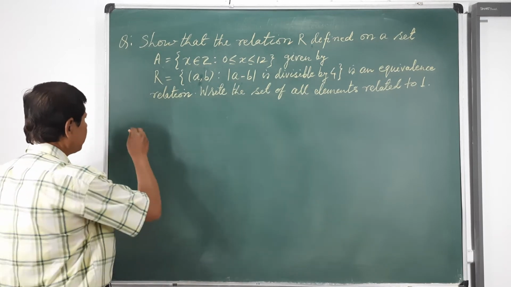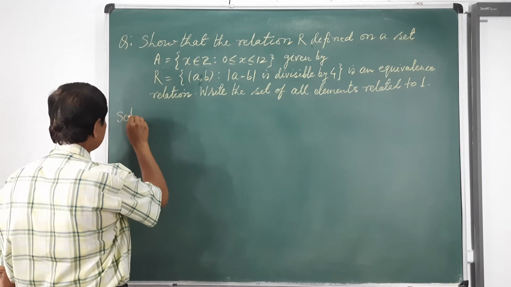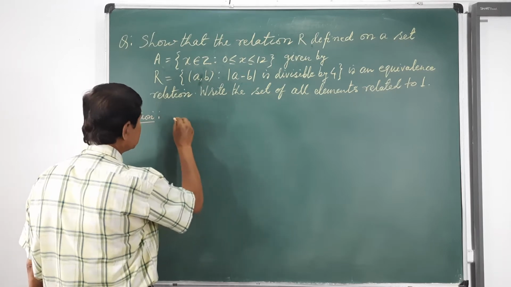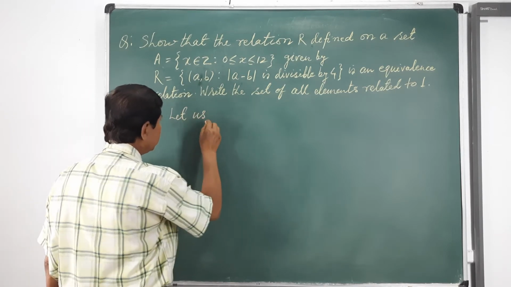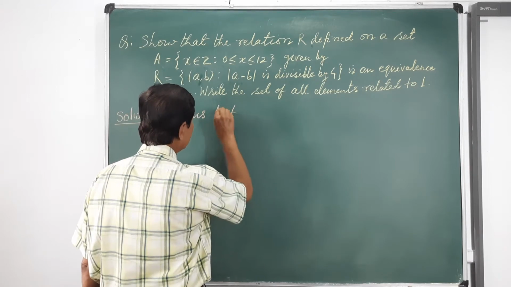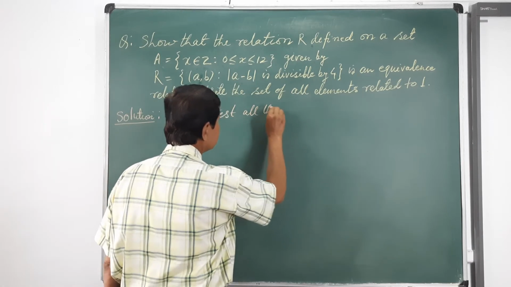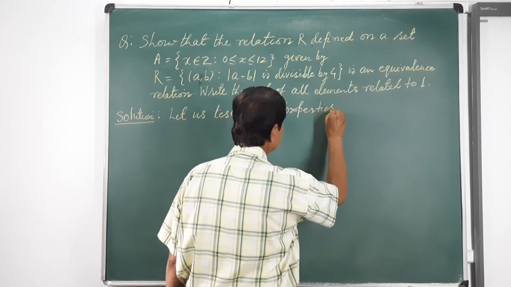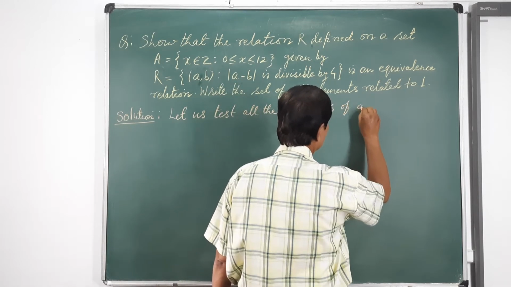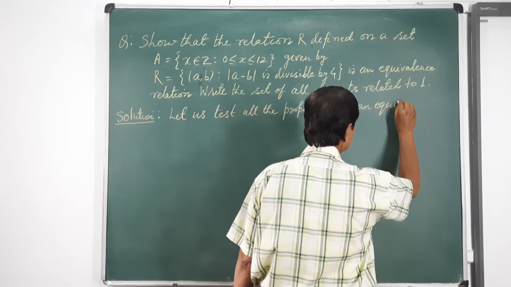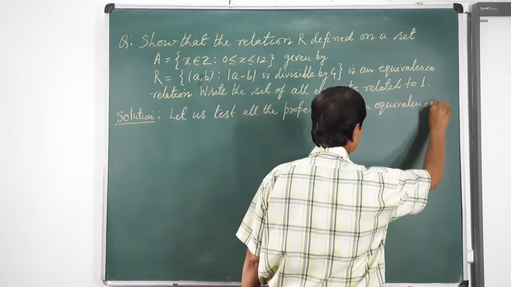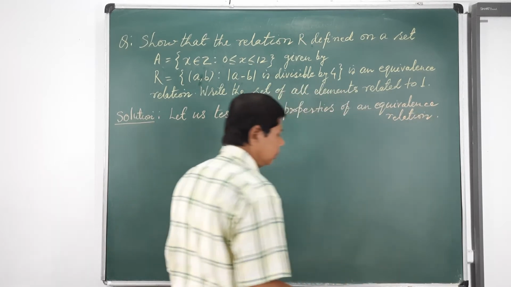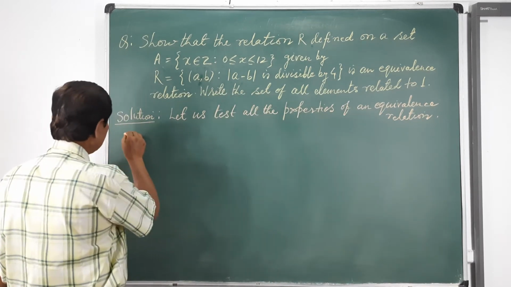The first property, the solution we shall write in this way: let us test all the properties of an equivalence relation. The first one is reflexivity. So, number 1.